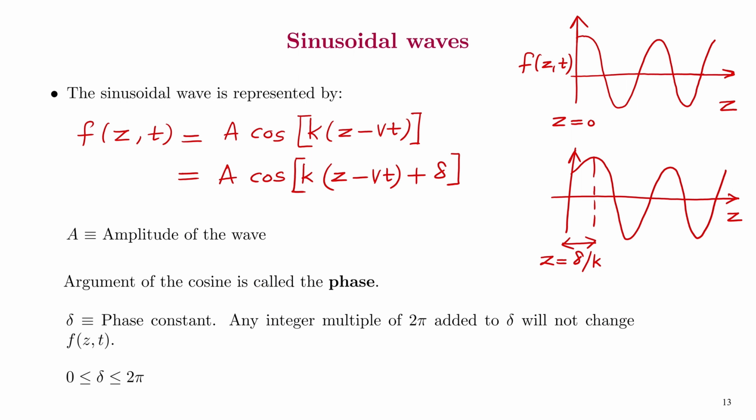In this expression, A will be known as the amplitude of the wave, and the argument of the cosine function is called the phase. Delta will be known as the phase constant, and note that any integer multiple of 2 pi added to delta will not change the function f(z,t), and the value of delta is between 0 and 2 pi.